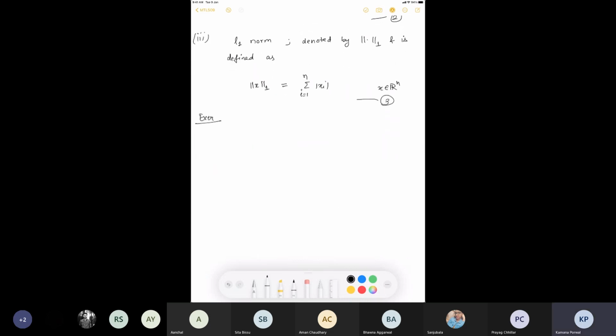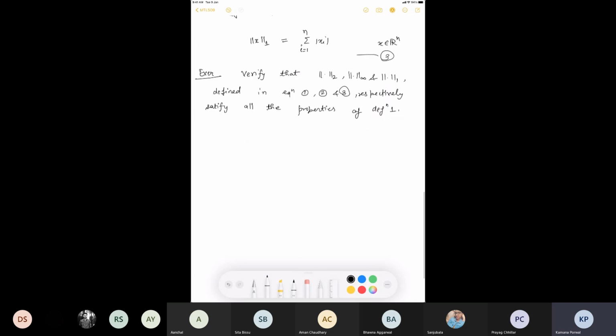Verify that these which are defined in questions 1, 2, and 3 satisfy all the properties of definition 1. Okay, so you can easily verify that.